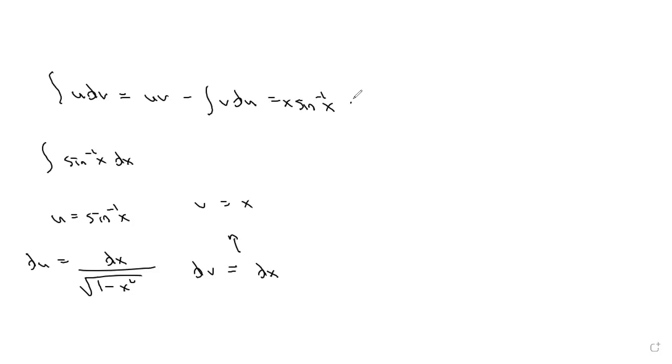And then minus integral of, so in the integral we have v, so that's x, and then we have du, which is dx over square root of 1 minus x squared. Okay, so that's what we have for that.